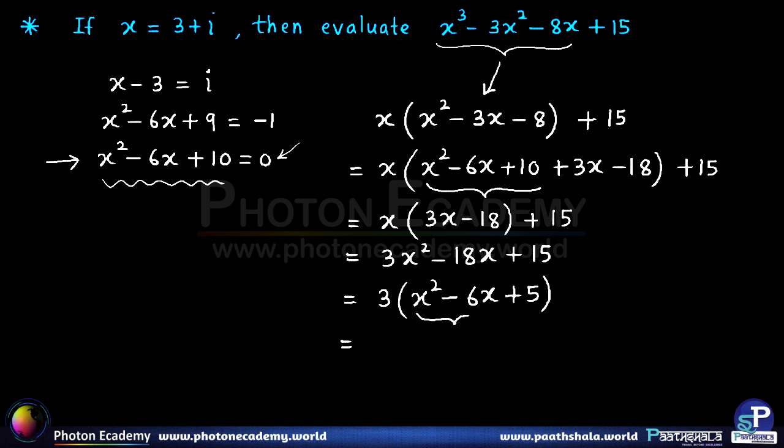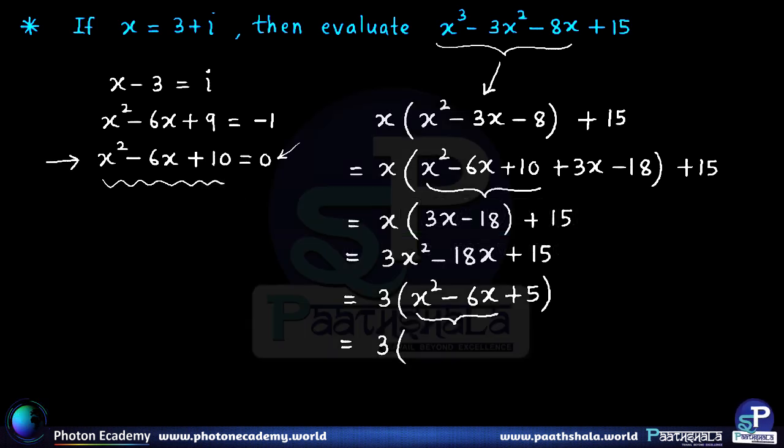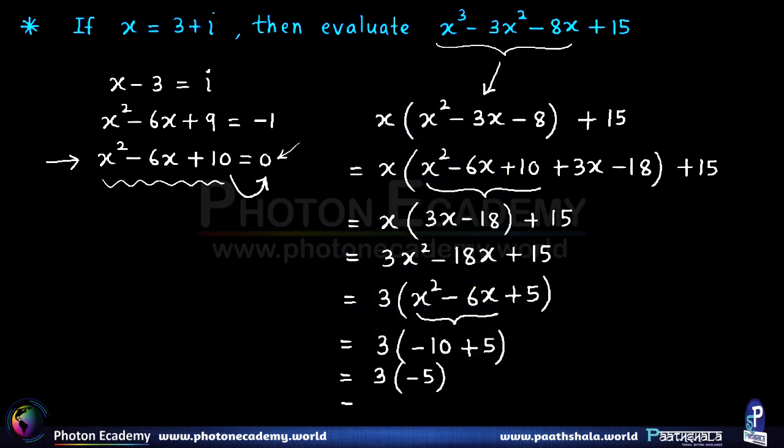Now we can put it in a slightly different way: since x square minus 6x plus 10 is 0, x square minus 6x can be considered as minus 10. So replacing that, we have 3 into bracket minus 5, which finally gives us minus 15 as the answer.